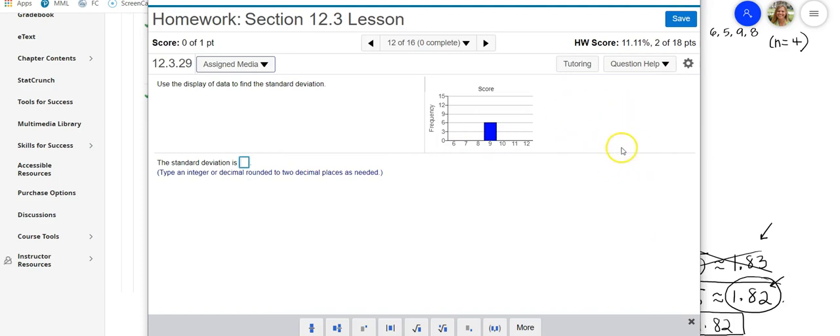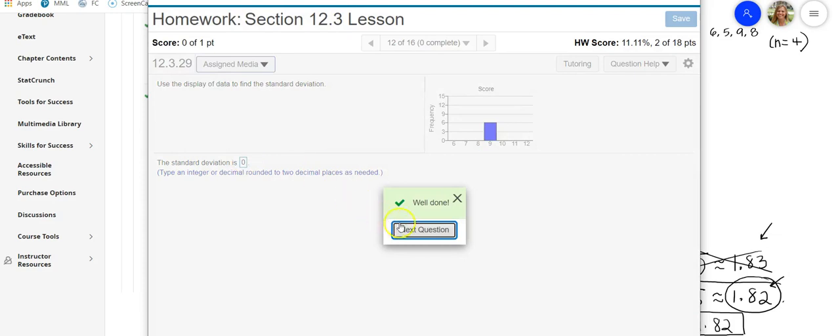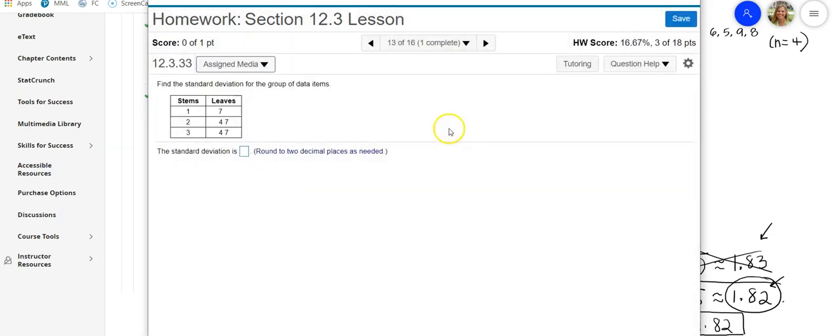Your mean would be 9. But the point is, if you understand what standard deviation means, you don't have to go through those calculations. You can say all the data points are the same, nothing varies from the mean, so standard deviation would be 0. I just wanted you to see that as well.